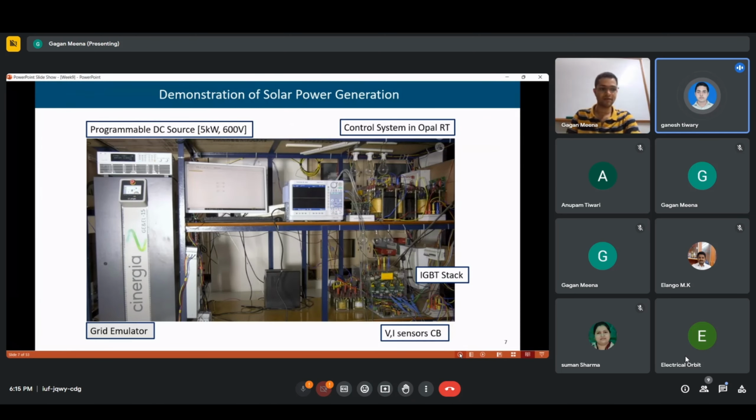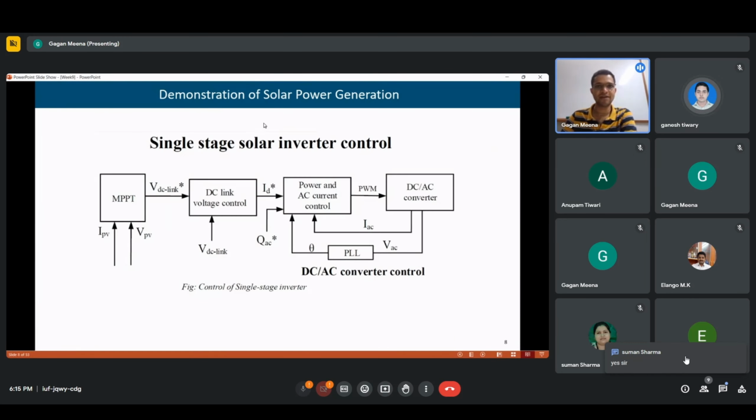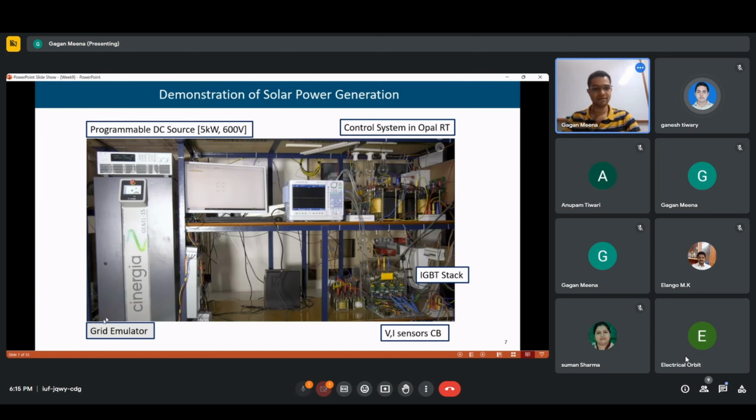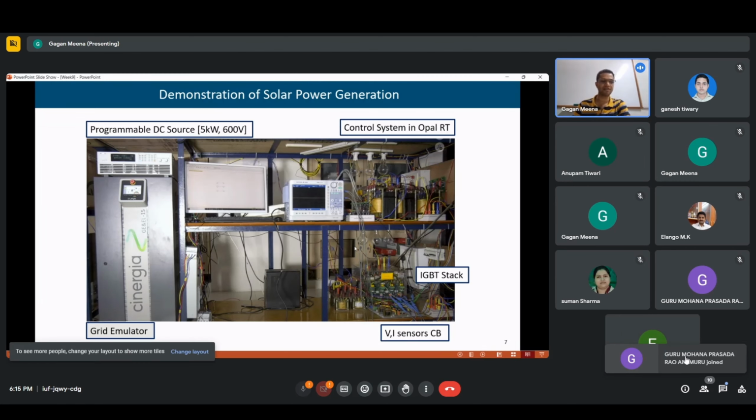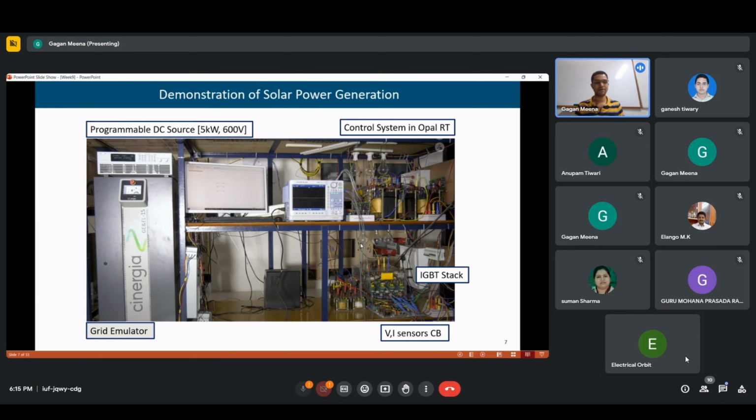Yes, sir. Okay. So I was saying, why are we using these real-time digital simulators? Because we want to see how things work on an actual system, but we cannot connect new generation or whatever equipment we want to test on the actual system.